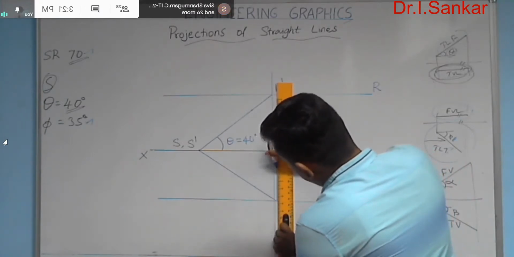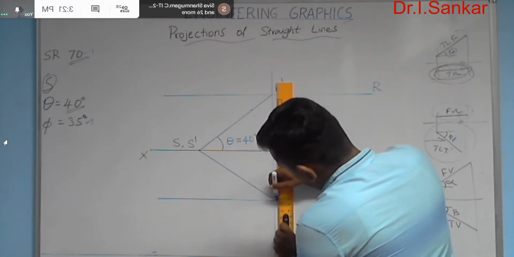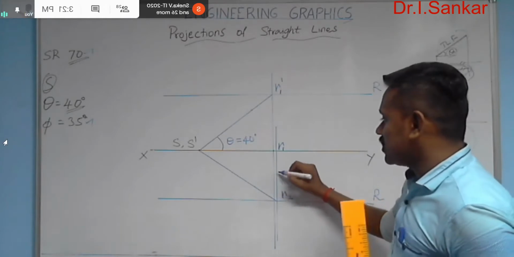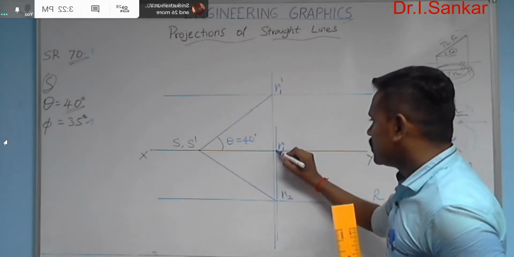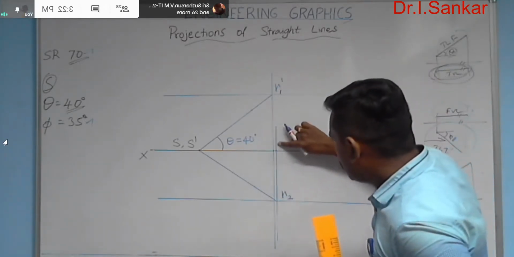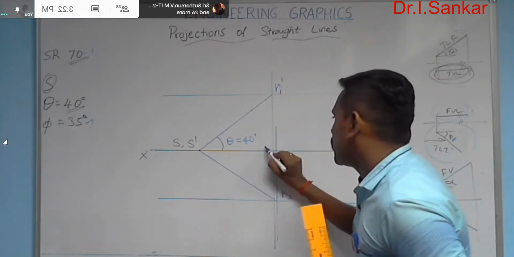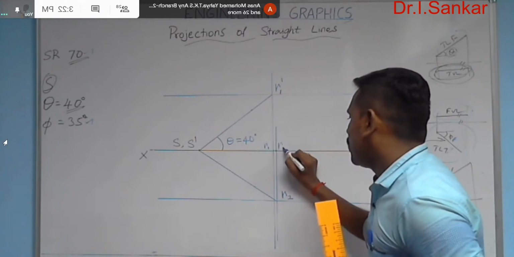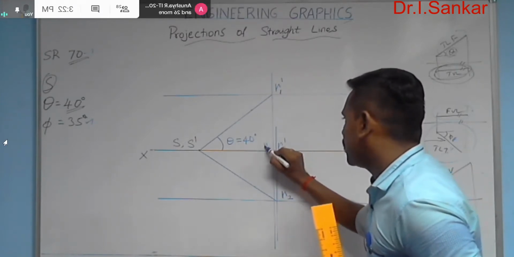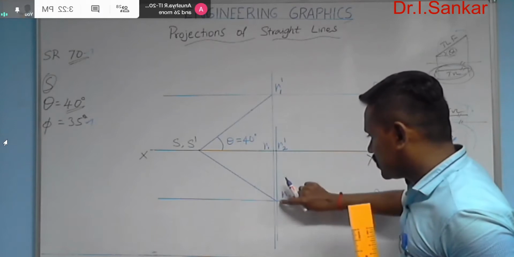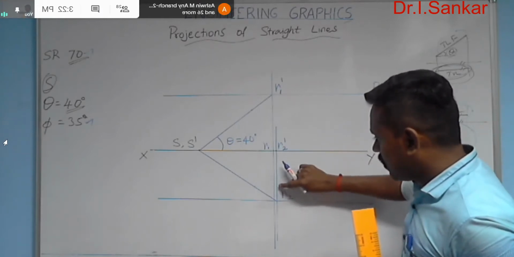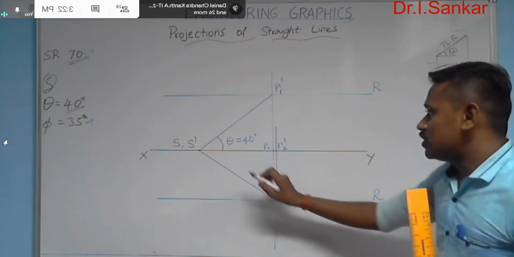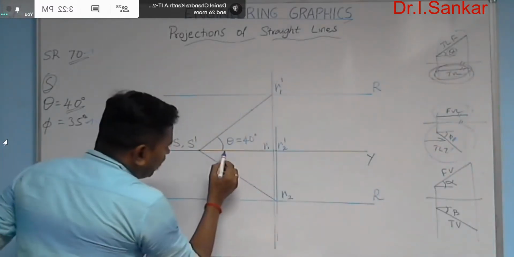Since the angles have a very small difference, these two projectors are very close to each other. So in order to avoid confusion, this point is formerly R1 and that point is R2 dash. The projector drawn from R2 hitting XY here, it is R2 dash. So this angle is nothing but 35 degree.